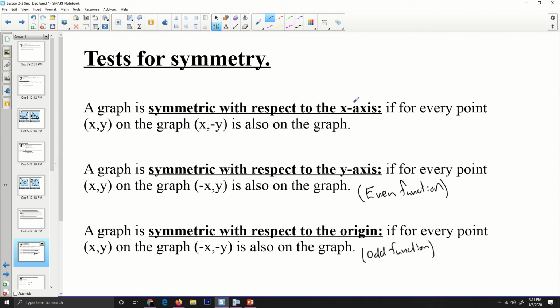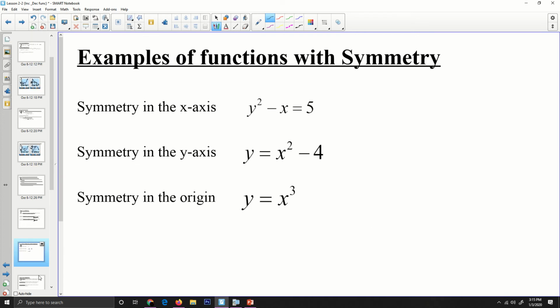Symmetry with respect to the x-axis will not be a function, so they don't talk about that in general. So, examples of functions with symmetry, with the exception of this one. This is not a function, so I should note that.